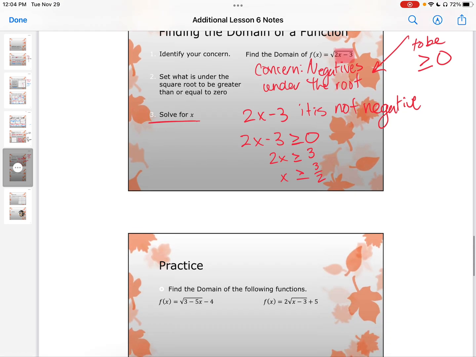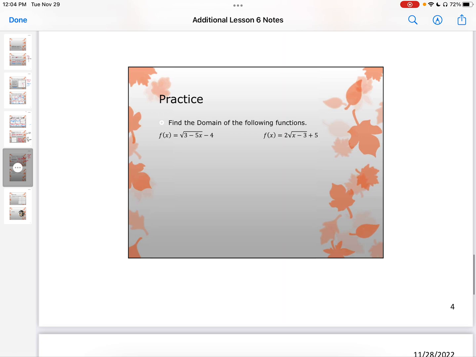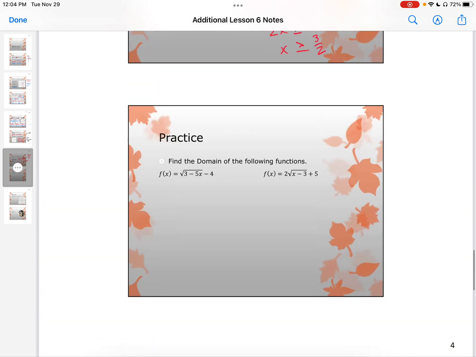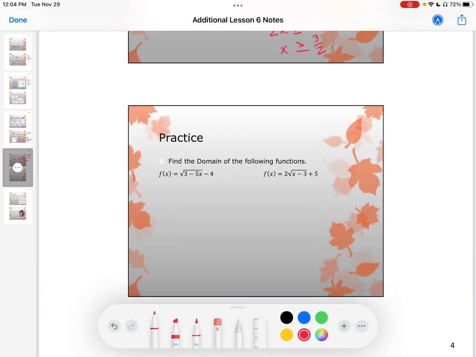So we're going to do some practice here. It says find the domain of the following functions. Our only concern is that we have a negative under the root. So I need to look at what's under it. The only part that is under the root is 3 minus 5x. So I'm going to set 3 minus 5x to be greater than or equal to 0.